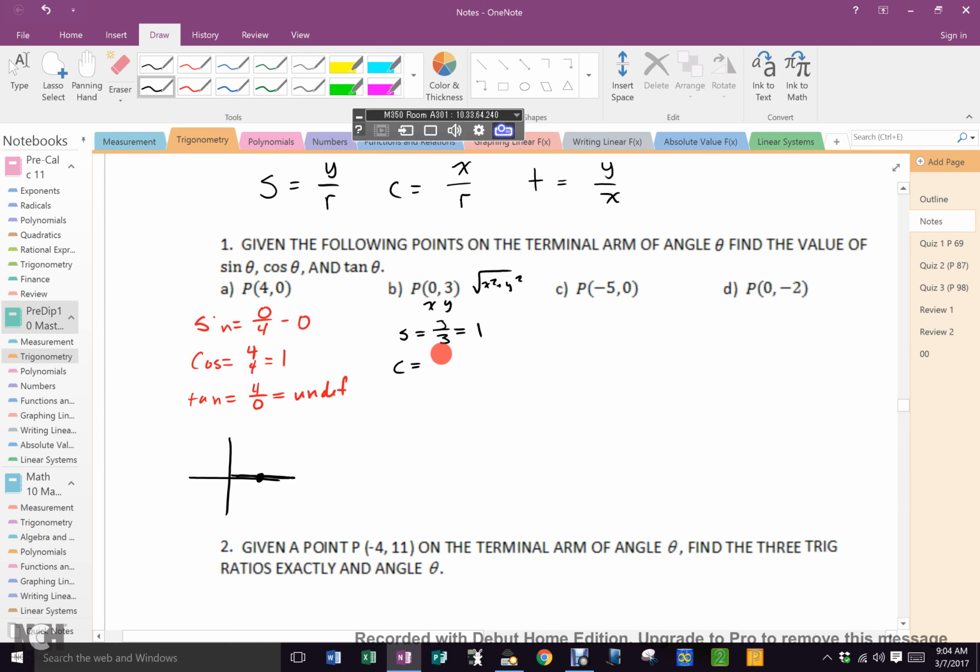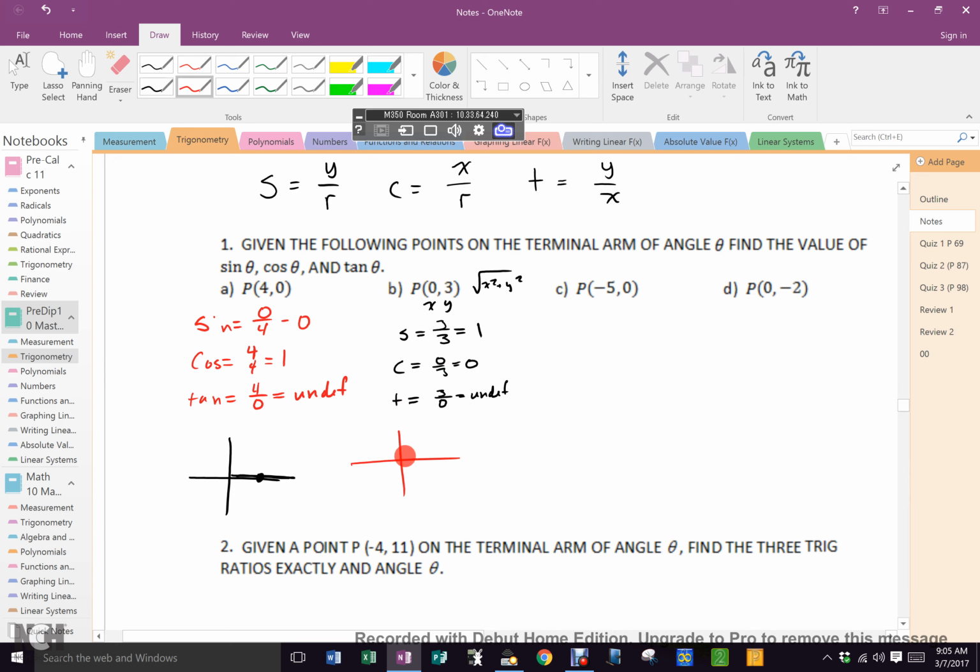The cos is x over r, which is 0 over 3, which is 0. And the tan is y over x, 3 over 0, which is what? Undefined. Now draw that one.